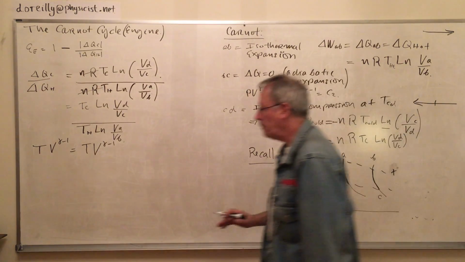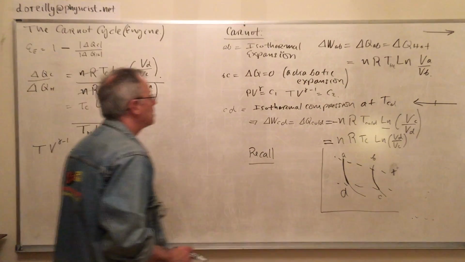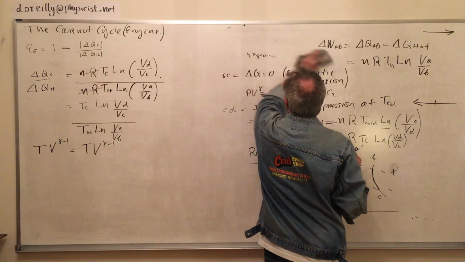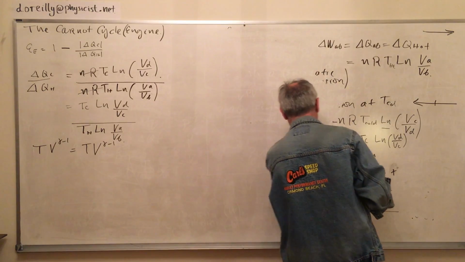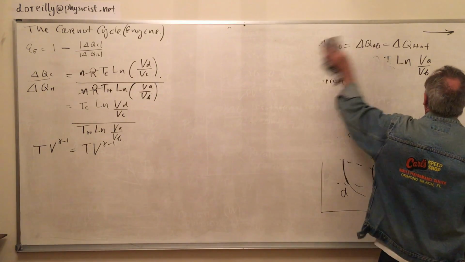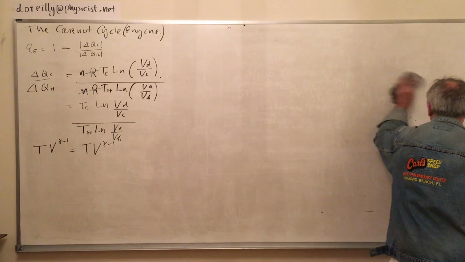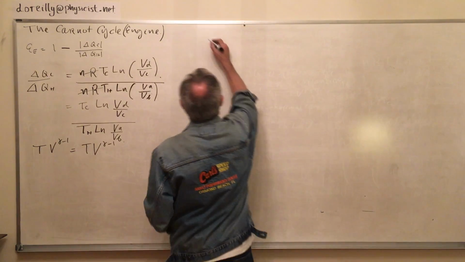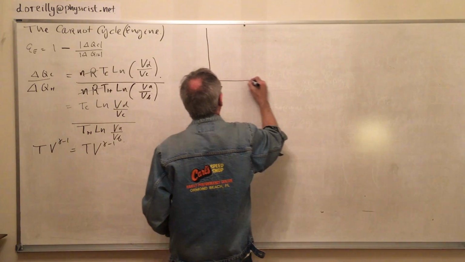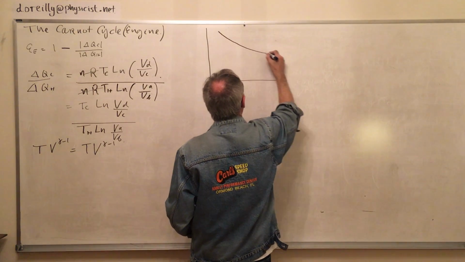I better do that again because it's not clear. We don't need these things now, but we do need our diagram. I don't need it, but you guys need it so that you can see where we're going.